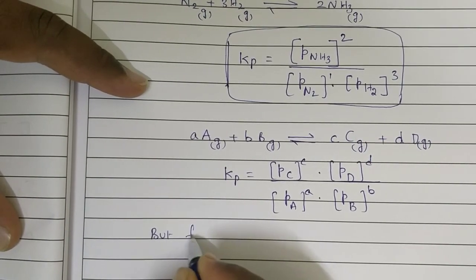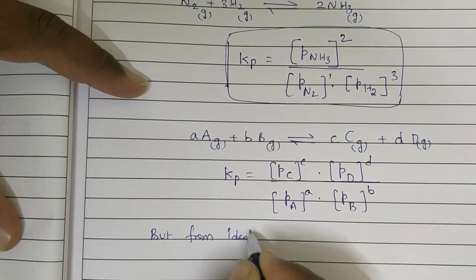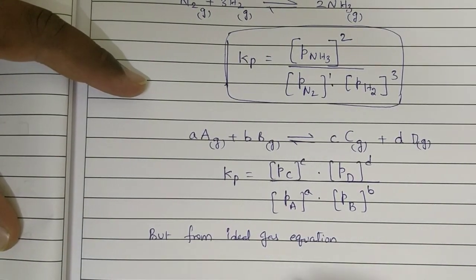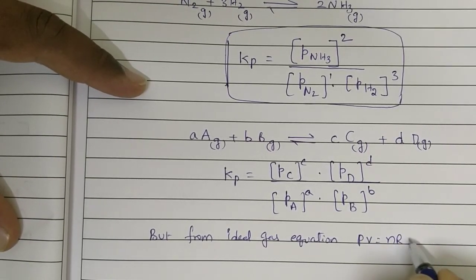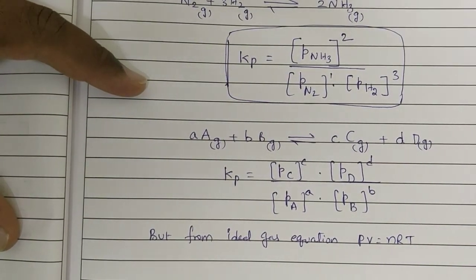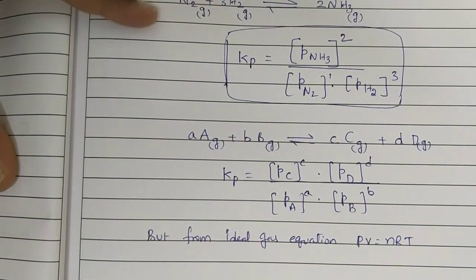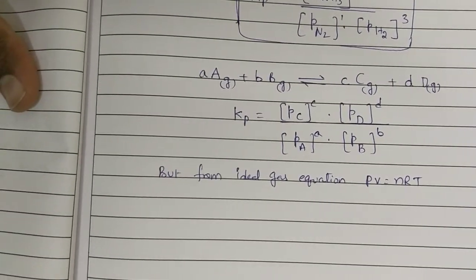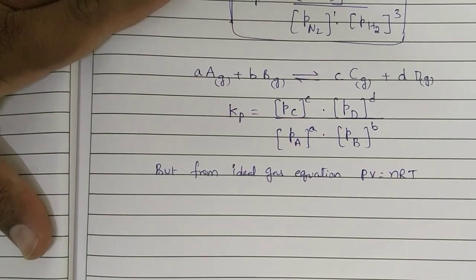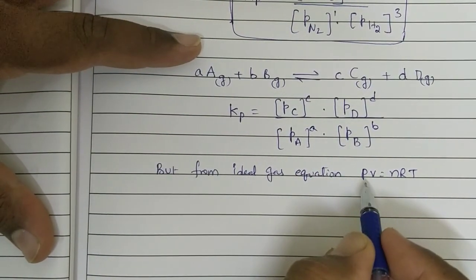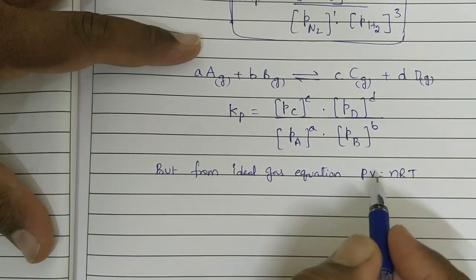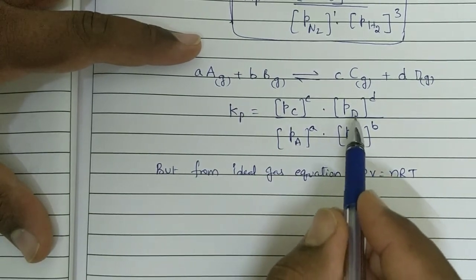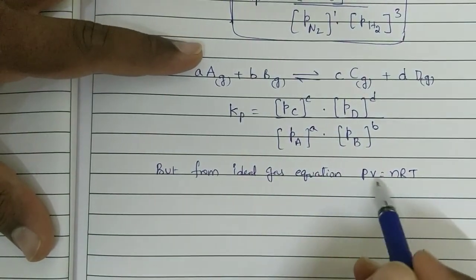But from the ideal gas equation, PV is equal to nRT, I am going to apply this equation for gas A, gas B, gas C and gas D. For all the gases I am going to apply the formula PV is equal to nRT.